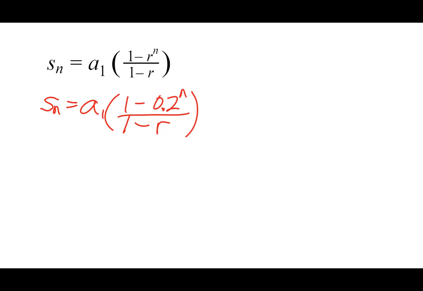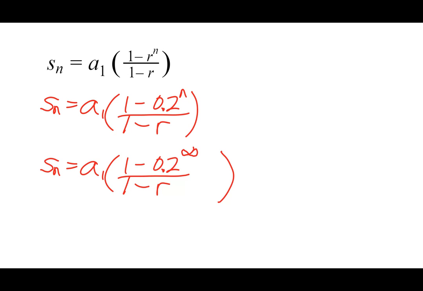I'm going to show you where the formula comes from, but it's not really important. For example, in number one, the r was 0.2. So if you put r as 0.2 in the previous formula for n terms, and then for an infinite sequence there are infinite terms, so n becomes infinity.